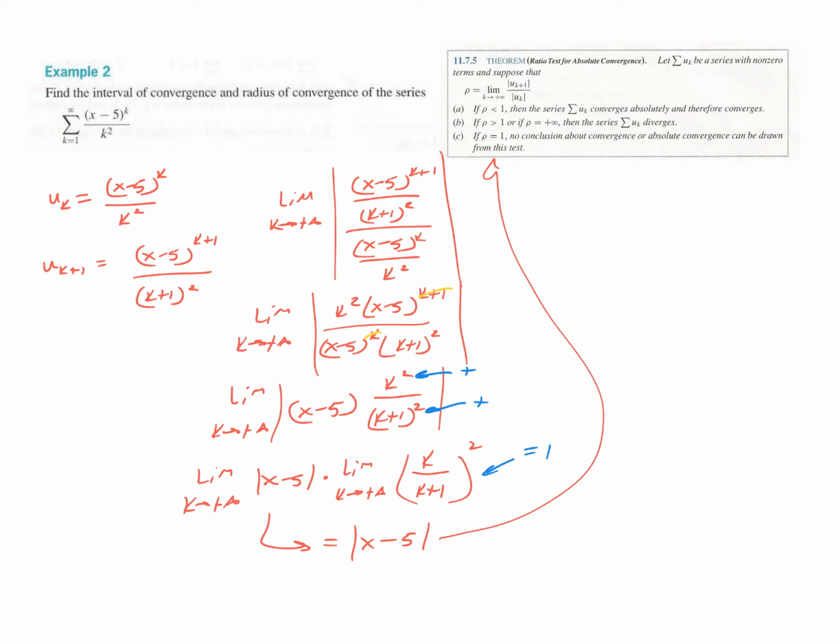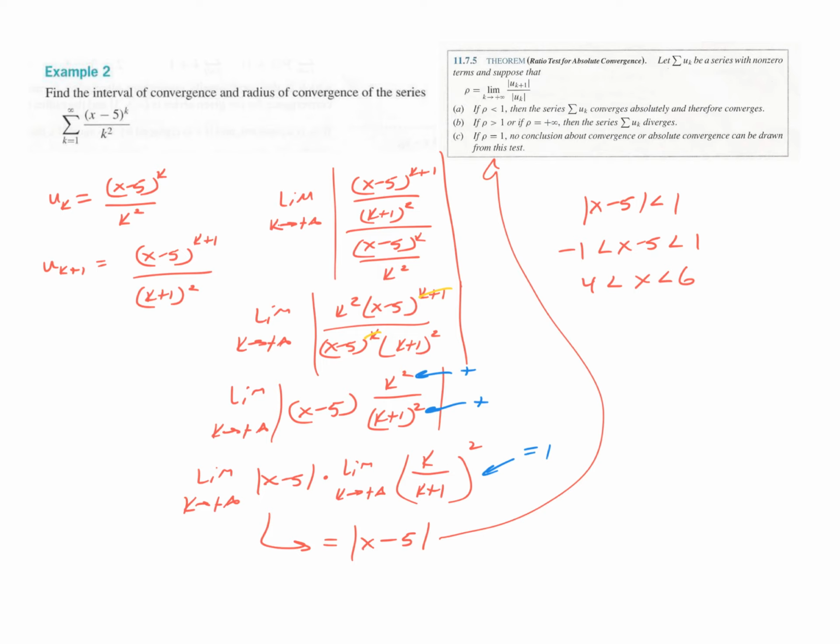It's less than 1 when x minus 5 absolute value is less than 1. Do a little algebra conjunction here. X minus 5 less than 1. Add 5 to all sections, and I get 4 less than x less than 6, which is an interval centered at 5, which you knew was going to happen.